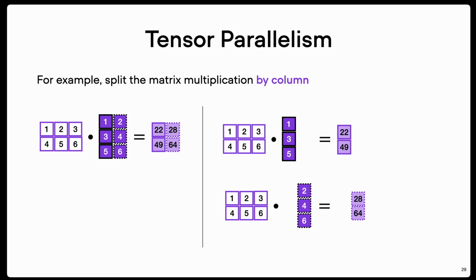You can think of this operation at the top and at the bottom as two separate computations, and we can carry out each of the computations on a different GPU. And then we can concatenate the results back to get the original result. In this way, we can distribute this large computation, if these are two large tensors, across multiple devices.